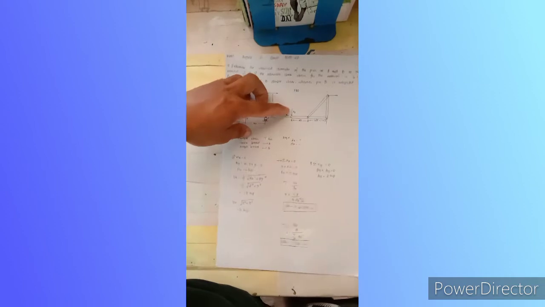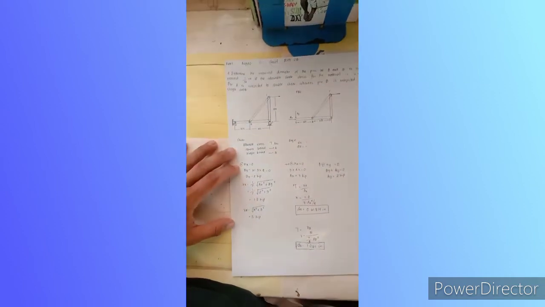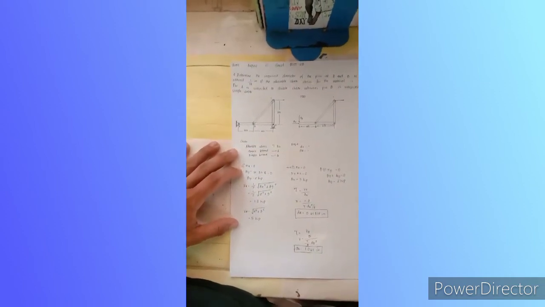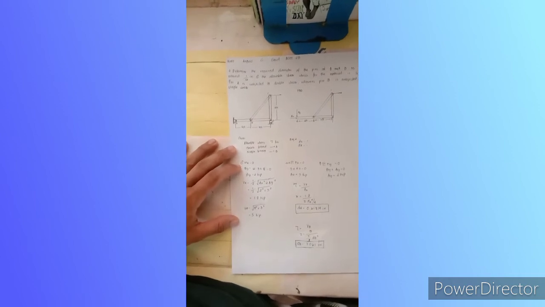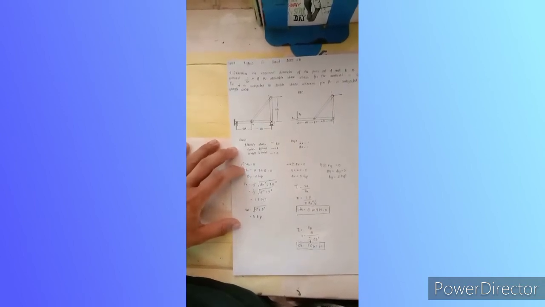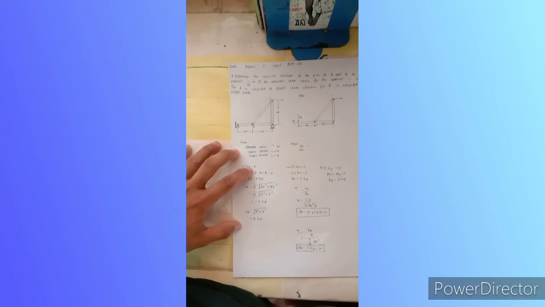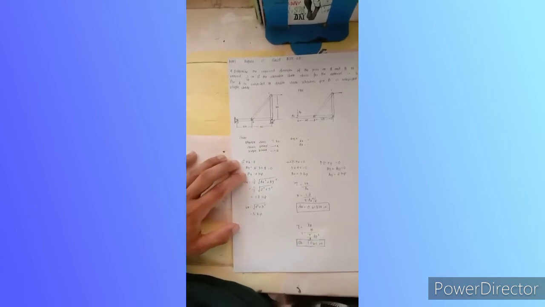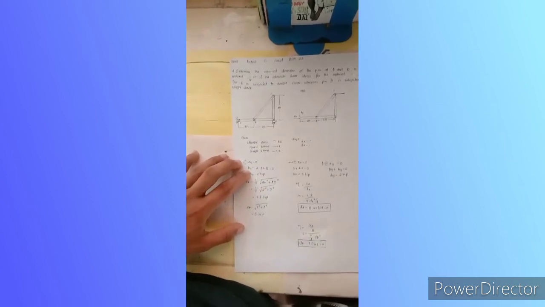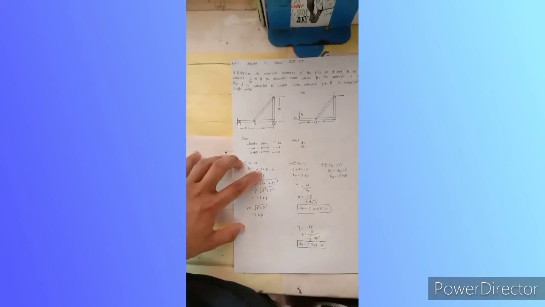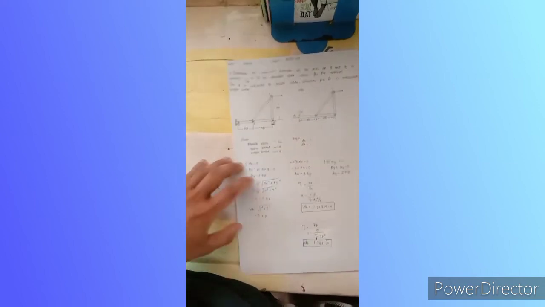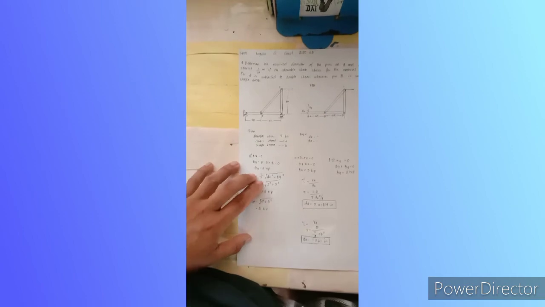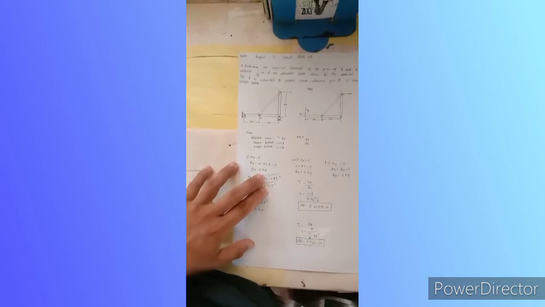So, dito, first, magmo-moment tayo. Sign convention, positive counterclockwise. Moment at A is equals to 0. So, our By is equals to 12 minus 3 times 8 is equals to 0. So, the result, our By is equals to 2 kip.